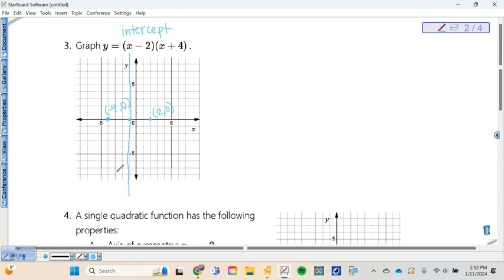But that's not it. How did you figure that out?